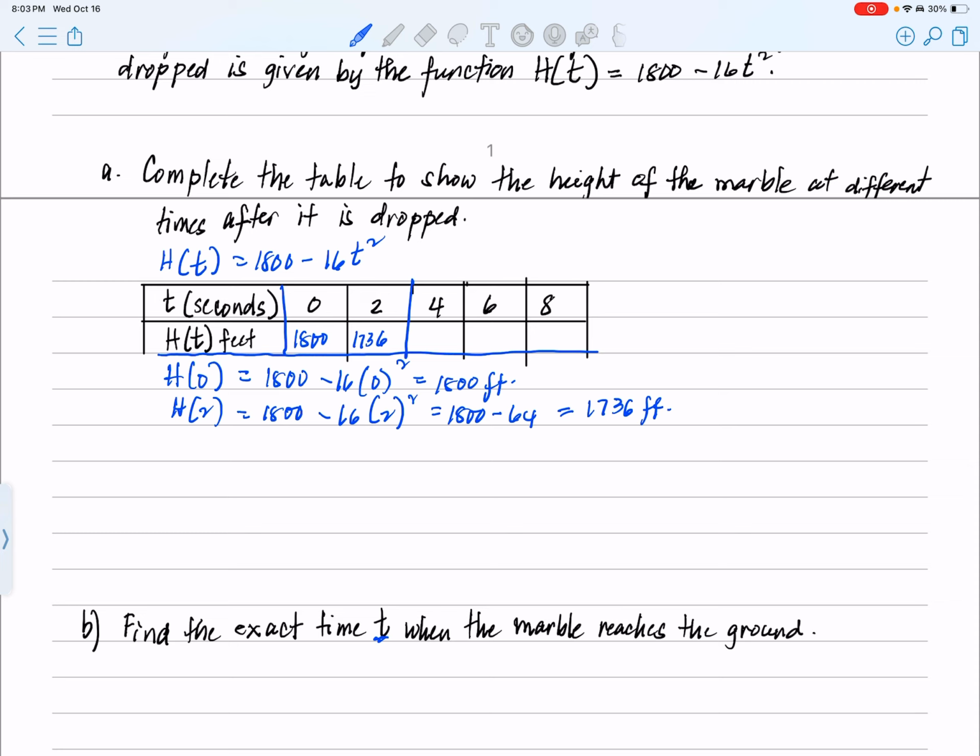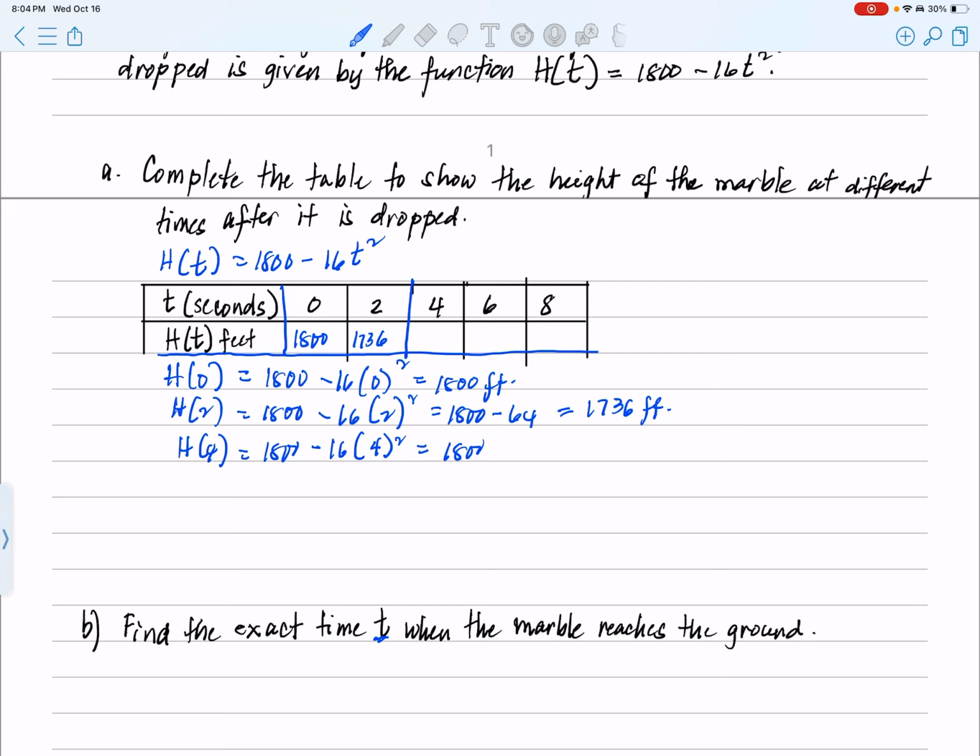All right. When h is 4, you have 1,800 minus 16 times 4 squared. That would be 4 squared is 16, times 16.